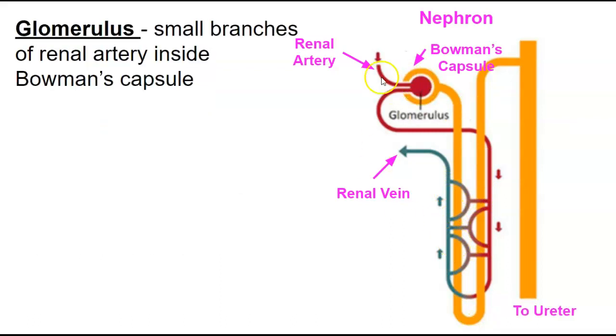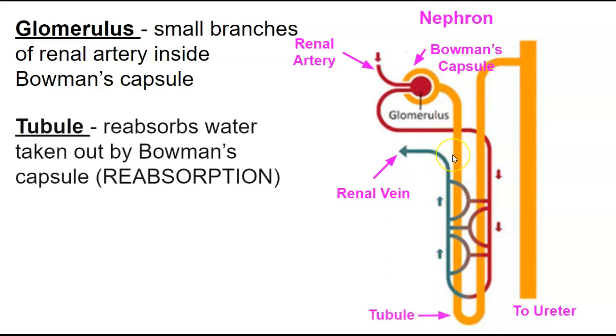So we said the glomerulus, these are small branches of the renal artery, and they go inside the Bowman's capsule. Blood's coming in, a whole bunch of capillaries, and this is where the filtering happens. From there, it's going to go to the tubule, this whole section here.